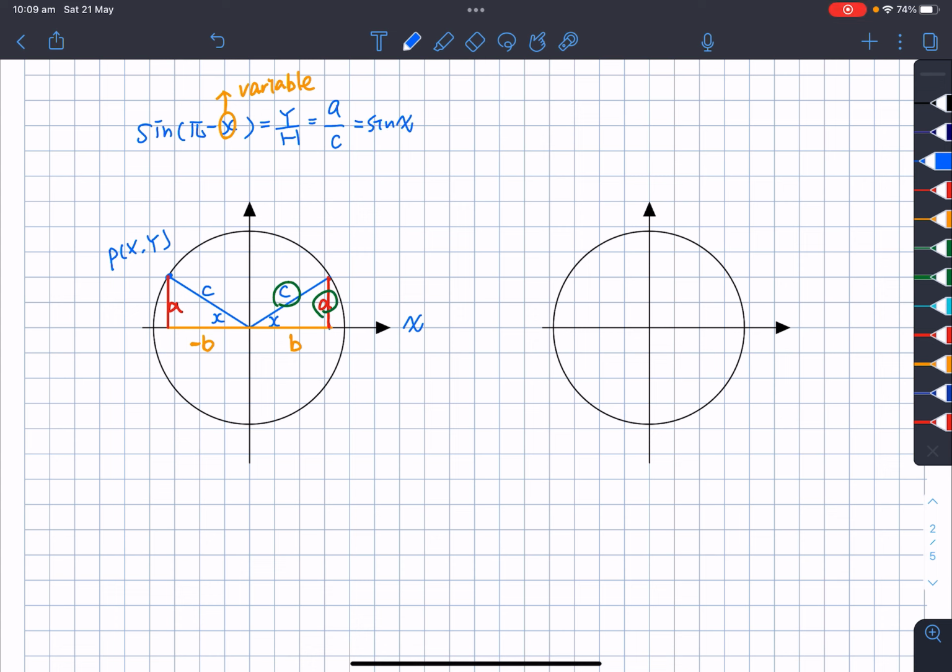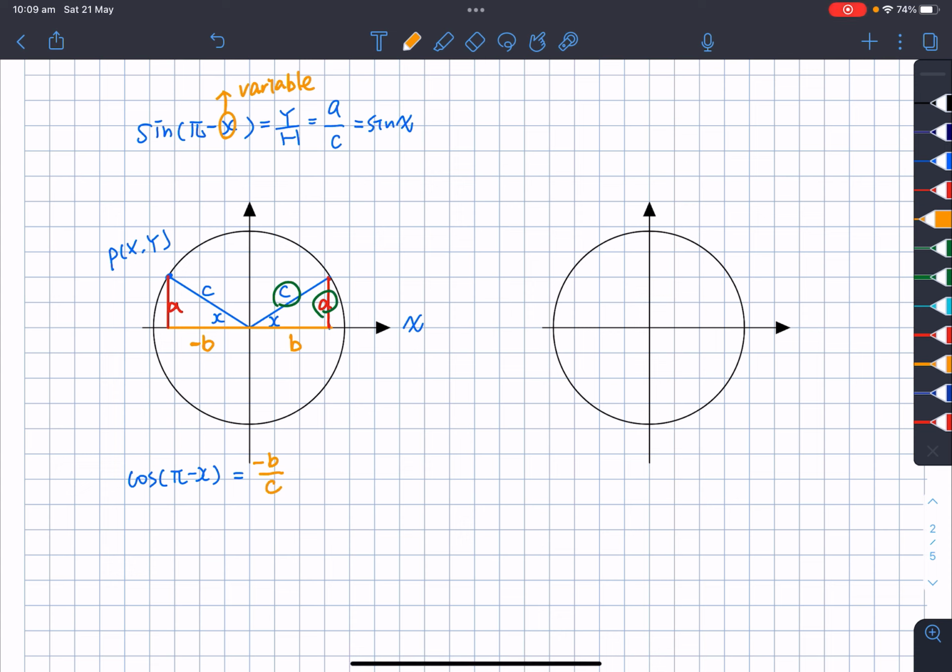Use a graph to tell. So you don't need to memorize 24 combinations. You just draw an easy graph. So in these questions, we will know that cosine of pi minus x, in the second quadrant here, is negative b over c, right?